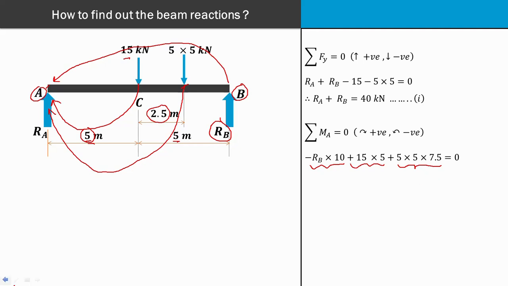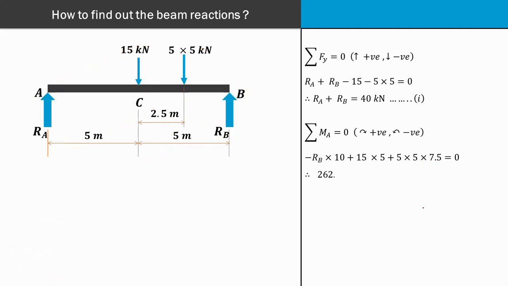Now make the calculations so that we can easily find out the value of RB. So 262.5 is equal to RB into 10. So transfer this minus RB into term on the right hand side, it will become positive, and this particular calculation will give us 262.5. Divide 262.5 by 10, so value of RB will be 26.25 kilonewton.